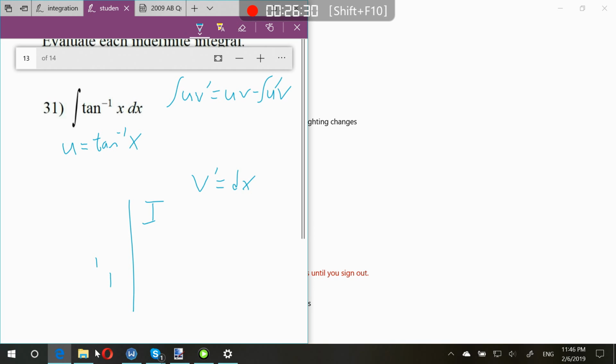I have to do this the long way, and hopefully something will cancel after I integrate this v prime. Okay, so if I derive the arctangent, I get 1 over x squared plus 1 times dx. If I integrate dx, what will I get?